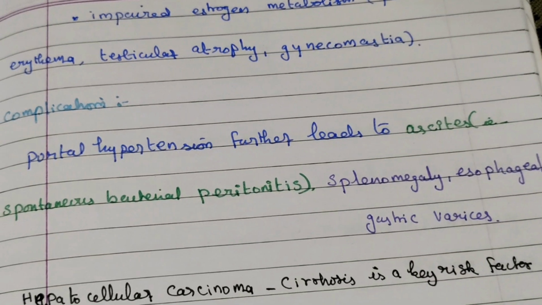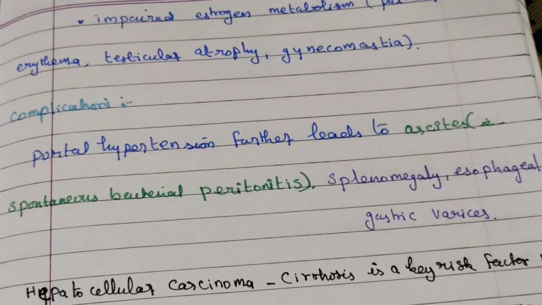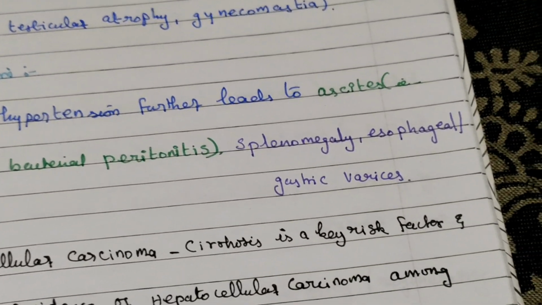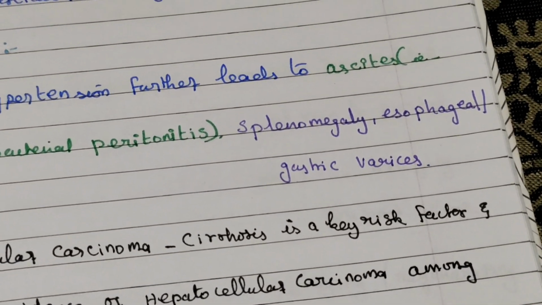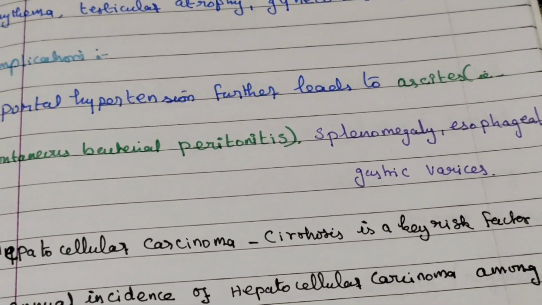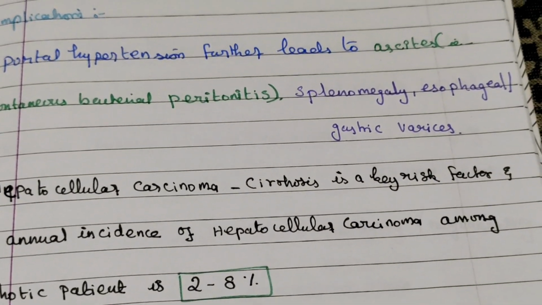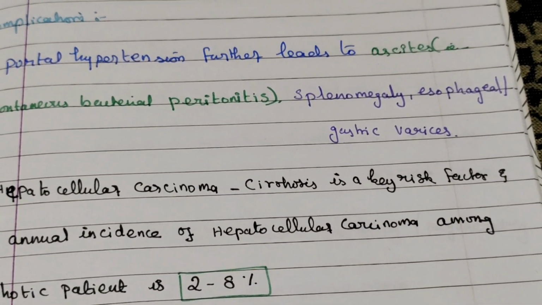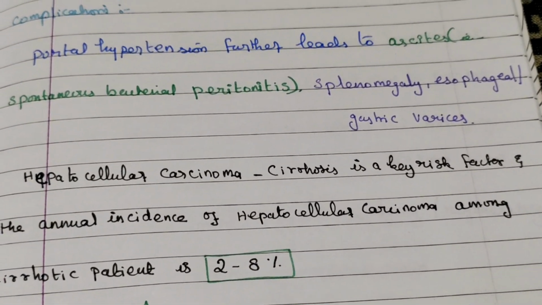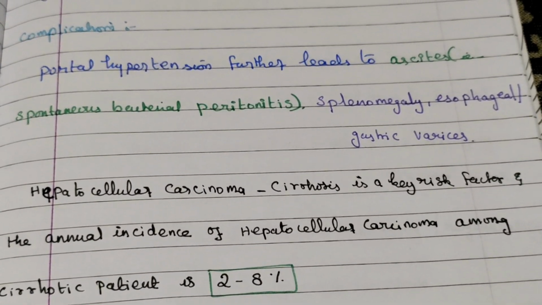Now going to complications of liver cirrhosis: there is portal hypertension. Portal hypertension can further lead to splenomegaly, esophageal and gastric varices. Then liver failure can also result from cirrhosis, which will further lead to coagulopathy, because the liver is involved in production of many coagulation factors.